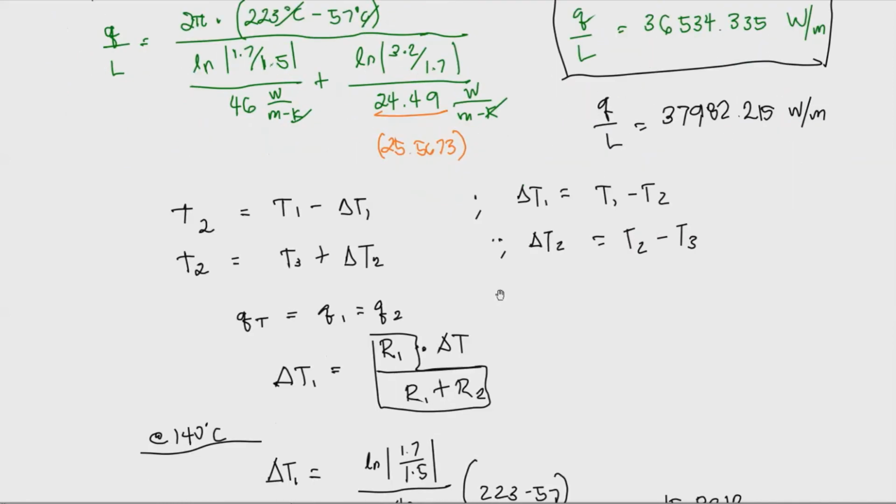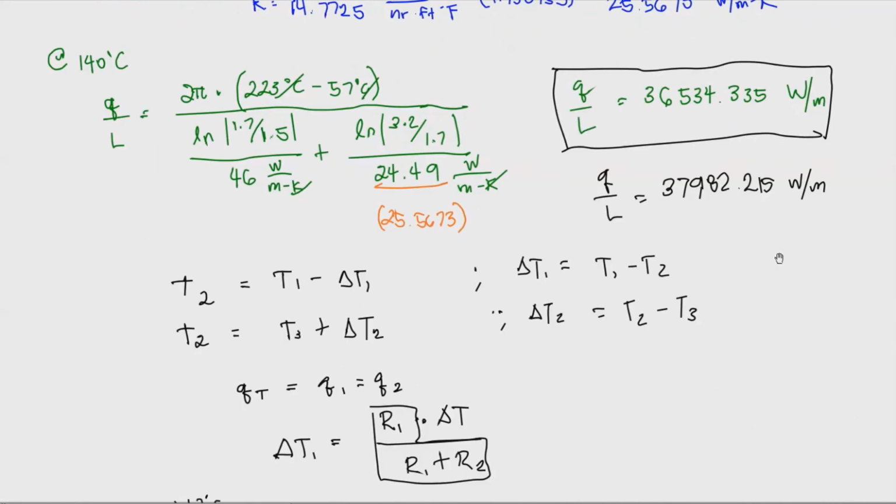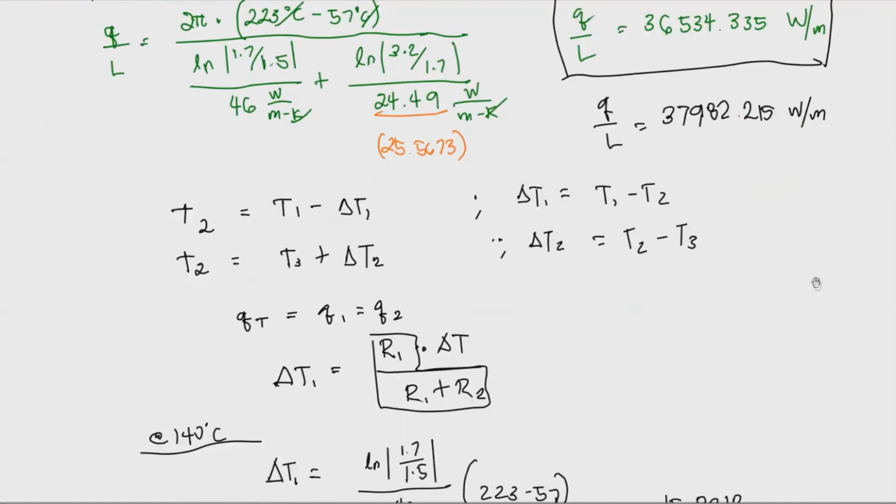But since we're dealing with accuracy here, and of course we don't have to disregard all the losses that we could have in process design, so we have to consider what's best for each case, and this is the best one. With 140 degrees Celsius at K, the value of our Q over L is not that much less, but it is a better option than this one.